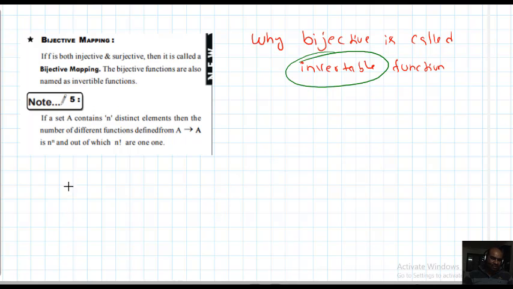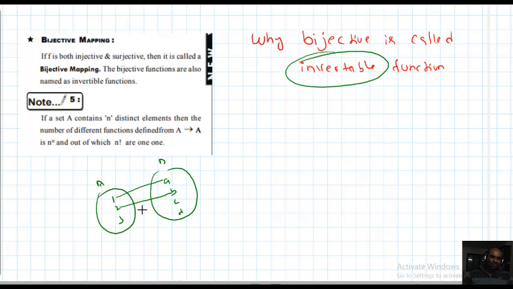So I will explain, students. Listen, through an example I will explain. 1, 2, 3, A, B, C, D. One example. A, B, C, 1, 2.